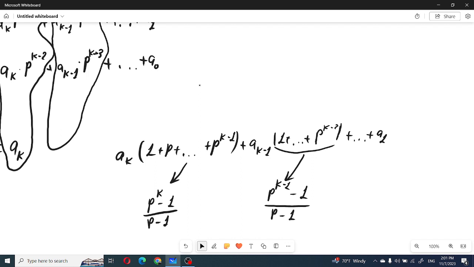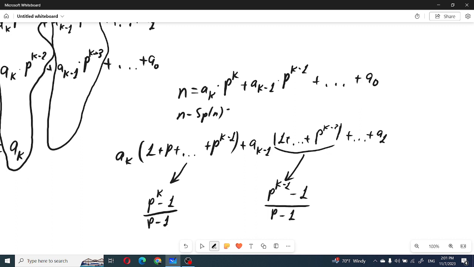Now look at the case: what is n? n was ak times p to the k plus ak minus 1 times p to the k minus 1, and so on. The last number was a0. Now look at what we get if we compute n minus sp of n.